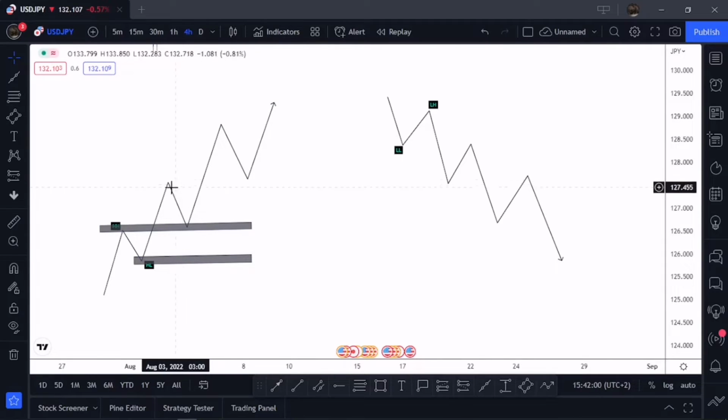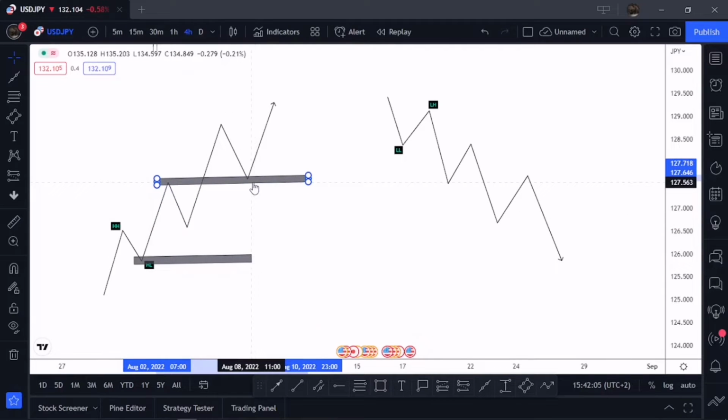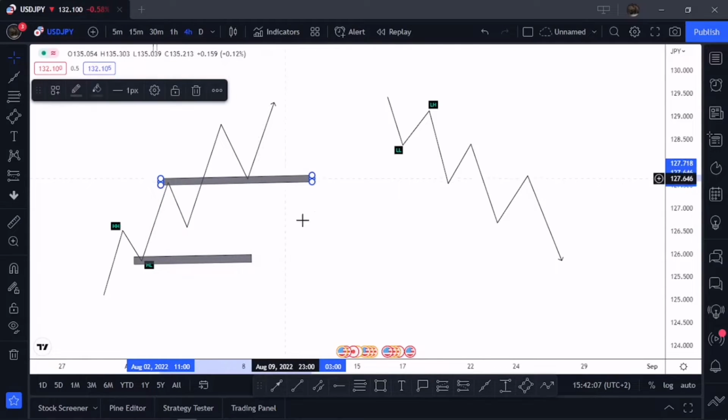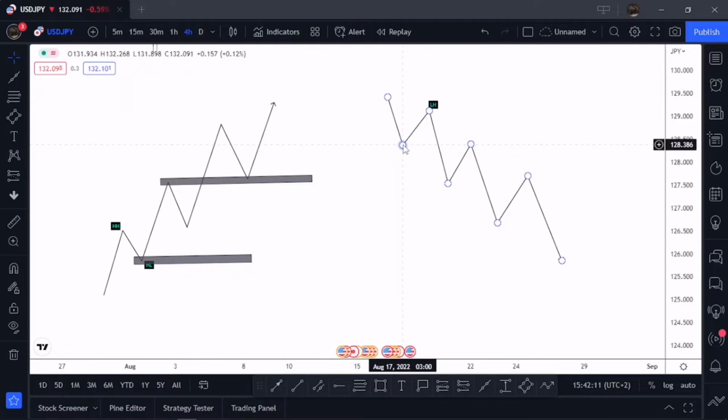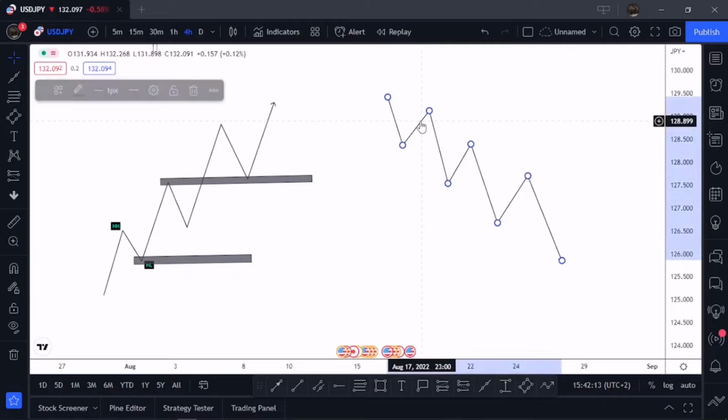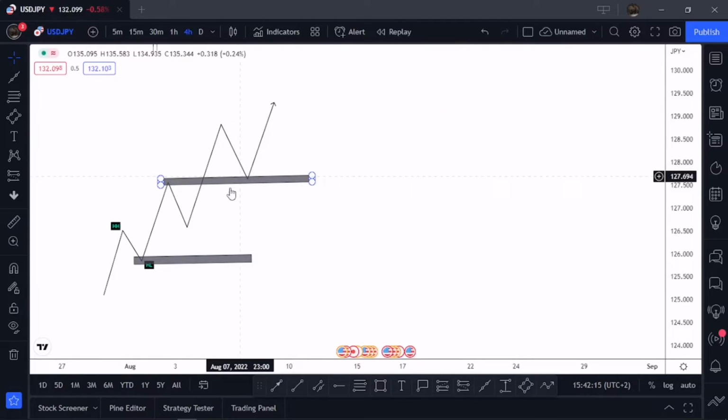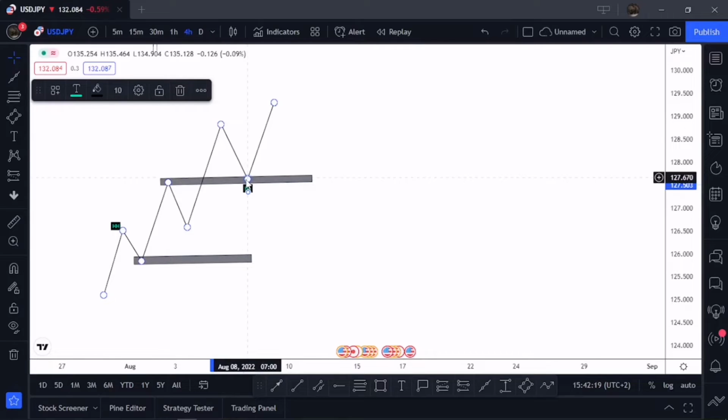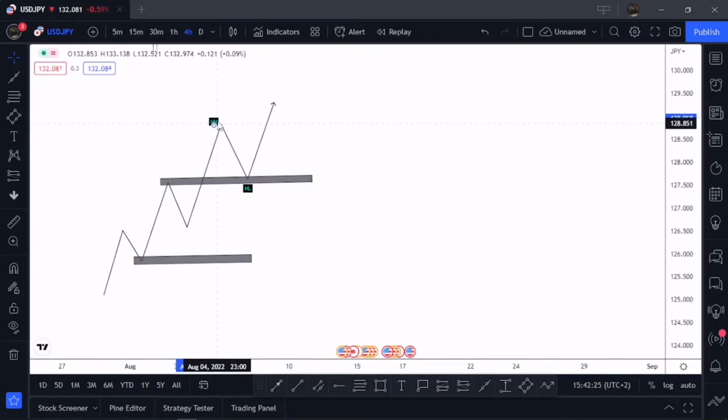But the minute we break the last higher low, what I mean by that, let me just get this out of the way first. What I mean by breaking the last higher low is this point here, which created or broke above this higher high.